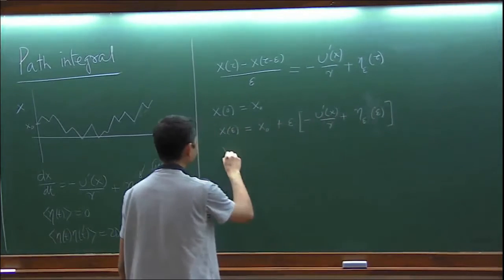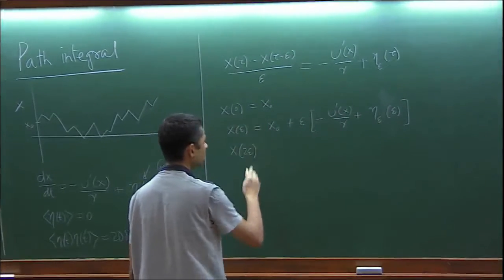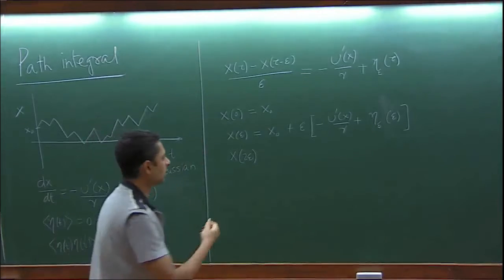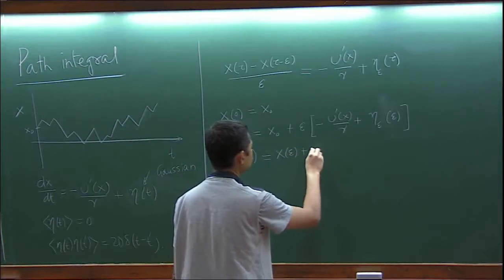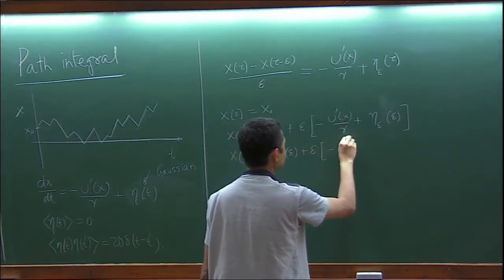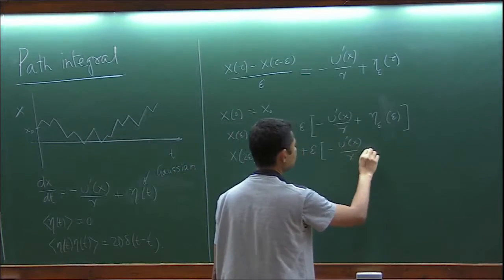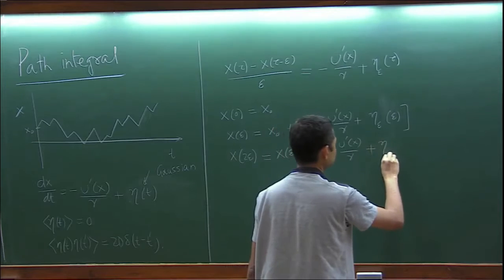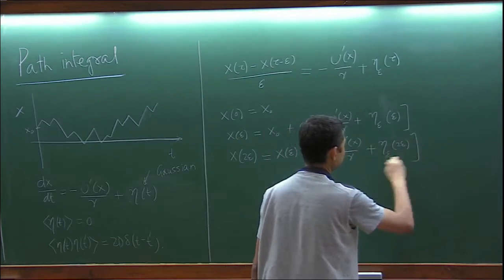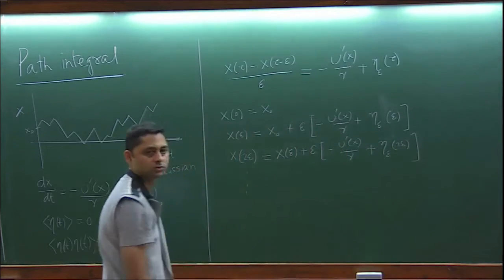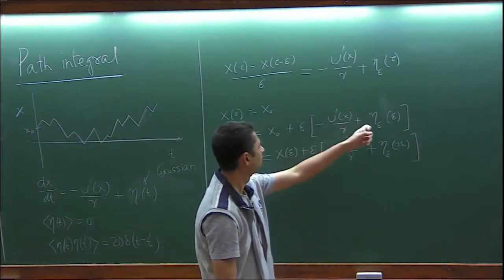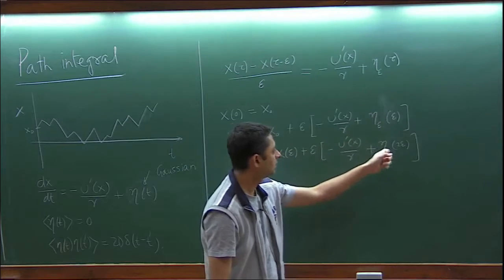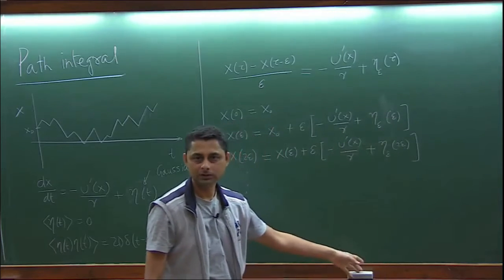Then I find x 2 epsilon, given by x epsilon plus epsilon times the same, and so on. In this, eta epsilon, eta 2 epsilon are the random numbers.